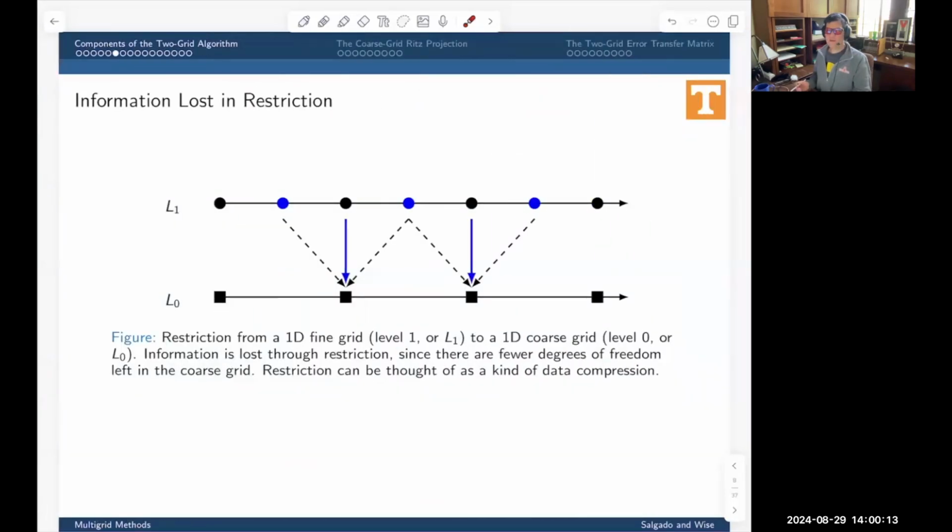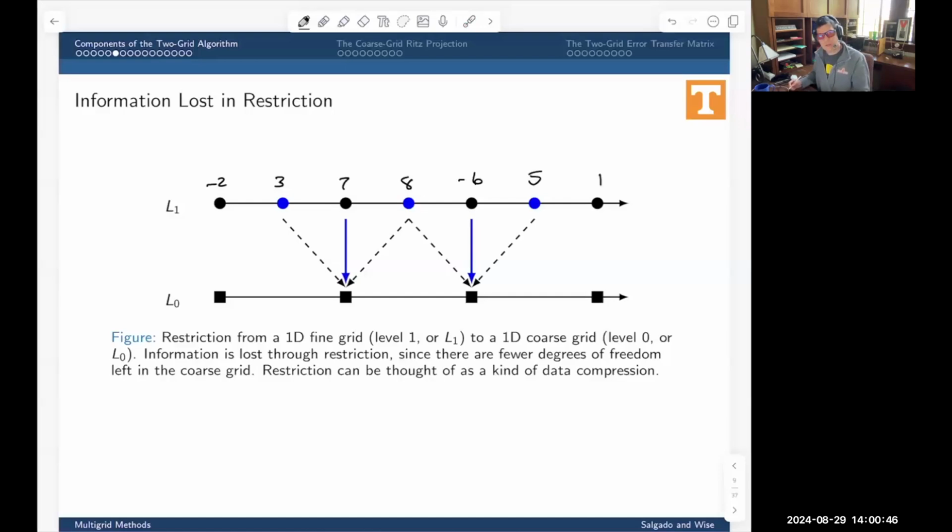Now, where does the grid aspect come in? Usually in multigrid, we're applying these operations to data which lives on a grid. Suppose I have this grid of data here. It could be thought of like a vector, and each one of these filled dots contains some information. For example, this might be -2, and this one would be 3, 7, 8, -6, 5, and 1.